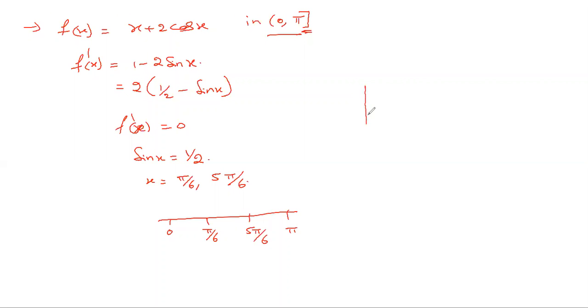Draw the graph of sin x, 0 to pi. This is 1. Draw the graph of y is equal to 1 by 2.